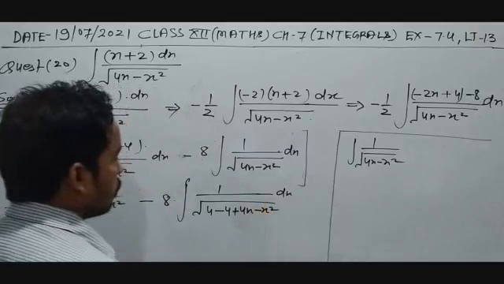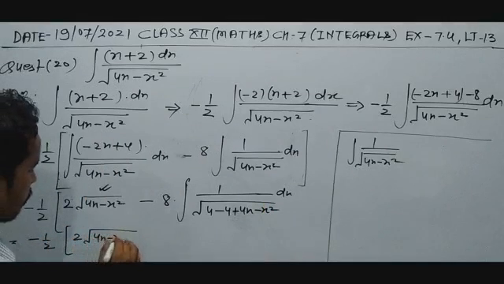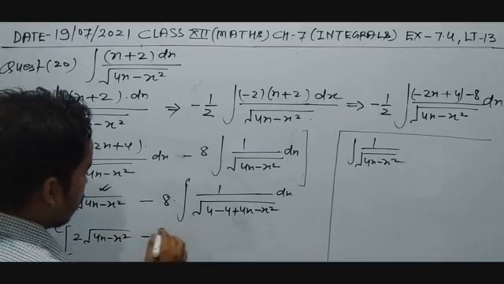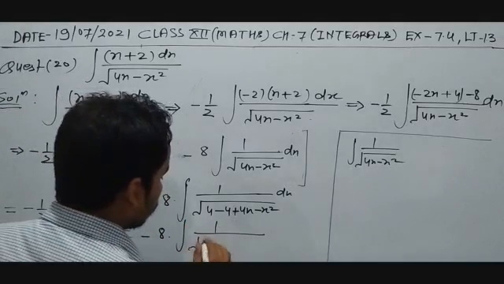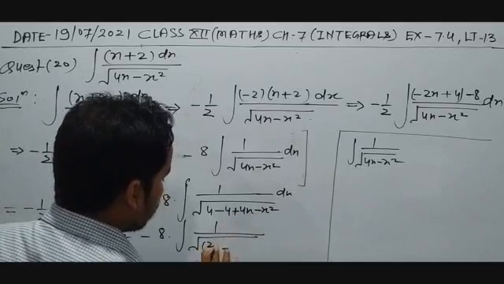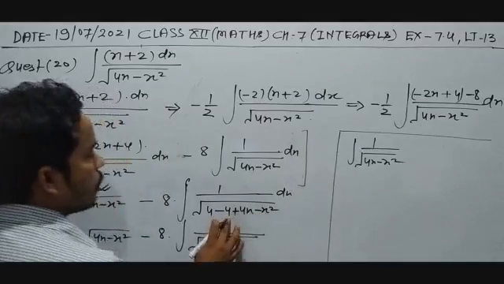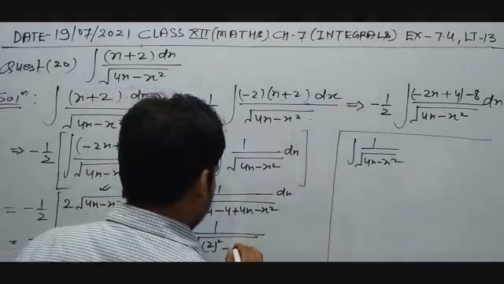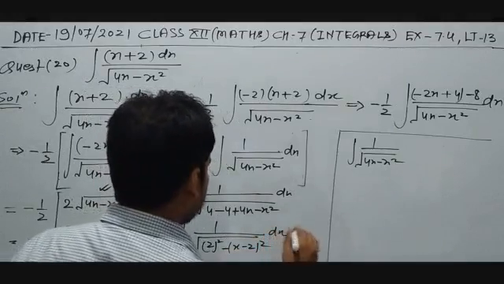This can be written as 1 upon root over 2 square, taking the minus sign common, minus (x square plus 4 minus 4x), so (x minus 2) whole square dx.